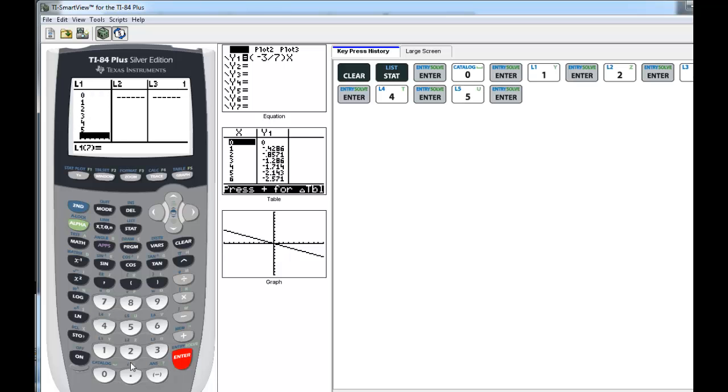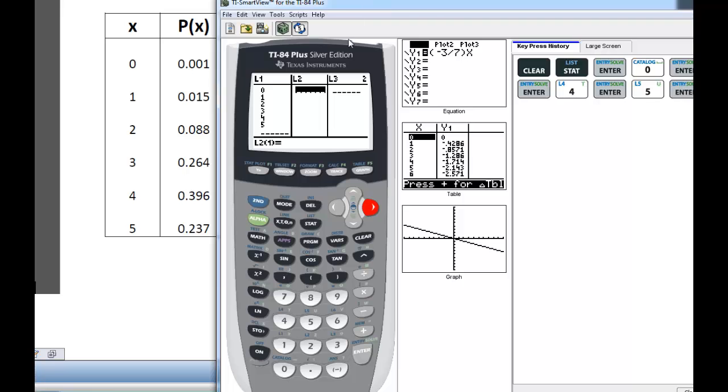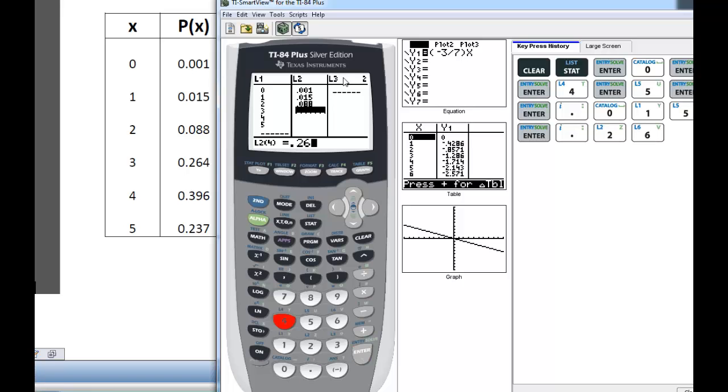And then in another list, I'm going to put in my p of x values, which we have right here. They're 0.001, 0.015, 0.088, 0.264, 0.396, and 0.237.